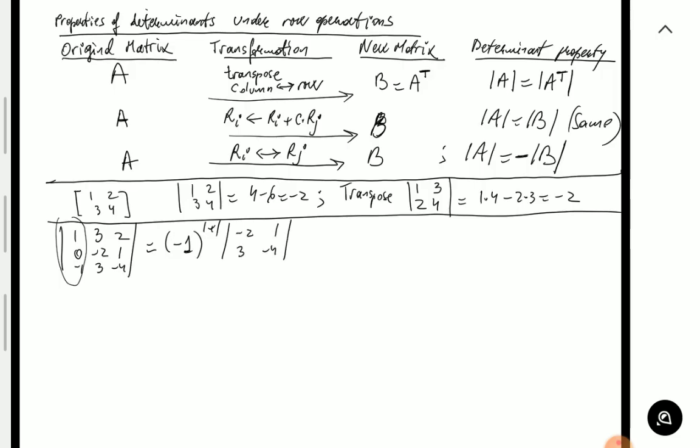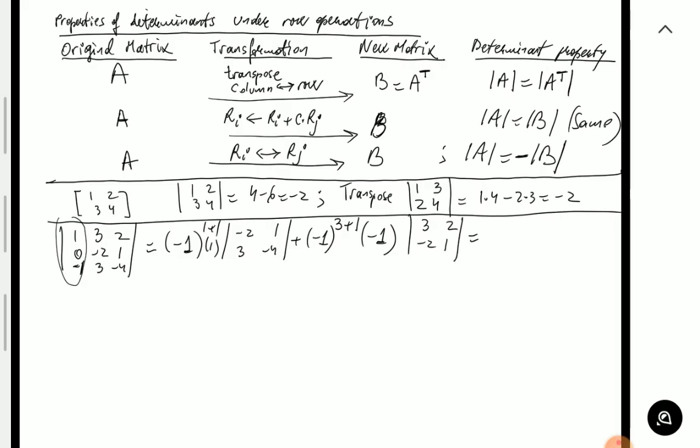I'm going to skip the second entry because it's 0 anyway. And then move on to the last one, minus 1 to the power row 3, column 1, so 3 plus 1. The entry itself, in the first case, was 1. And then the minor corresponding to that entry is 3, 2, minus 2, and 1.